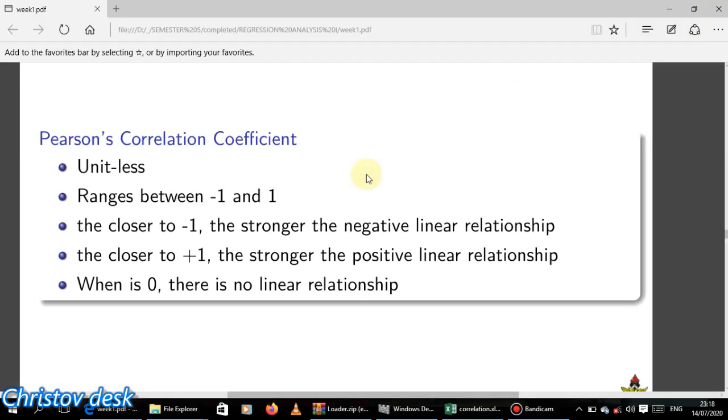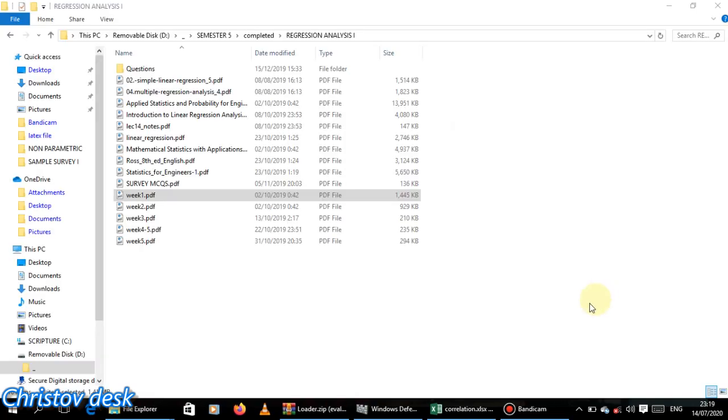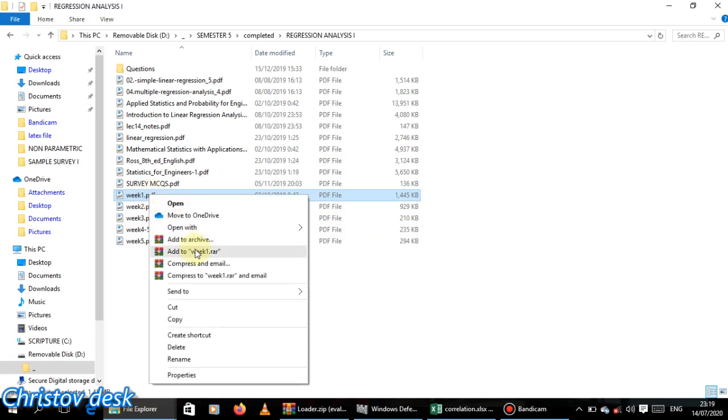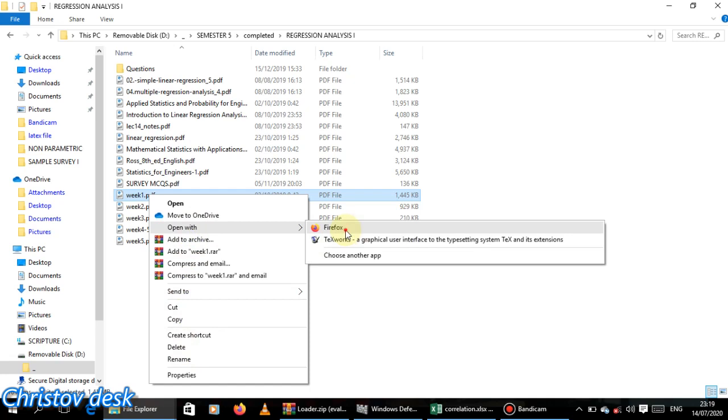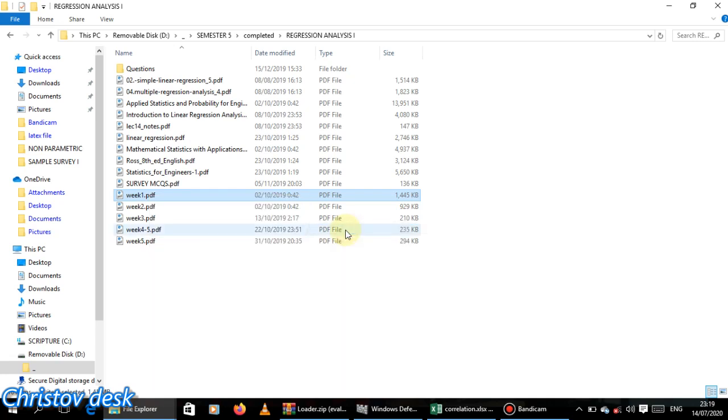And welcome back to some theories in regression analysis. So we started by looking at some interesting facts about correlation analysis.